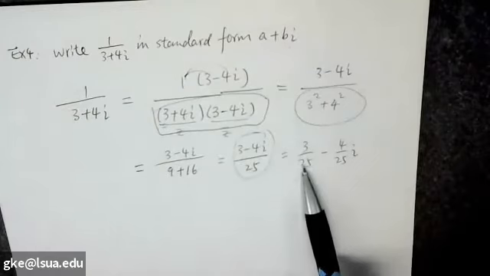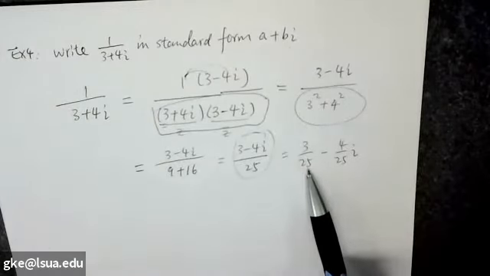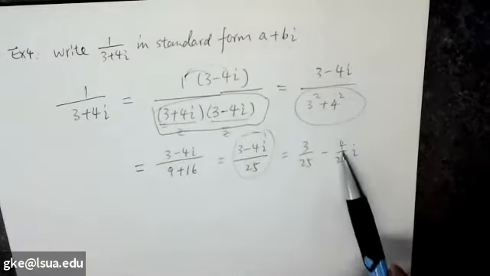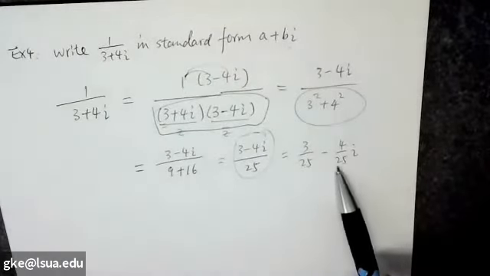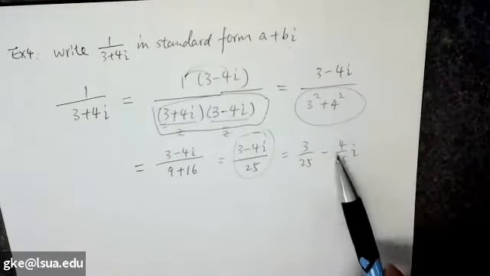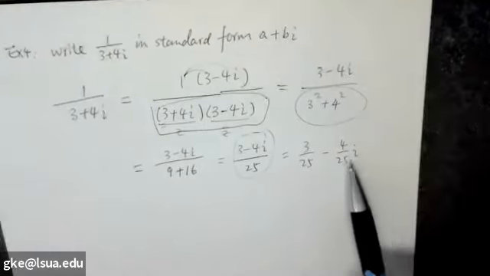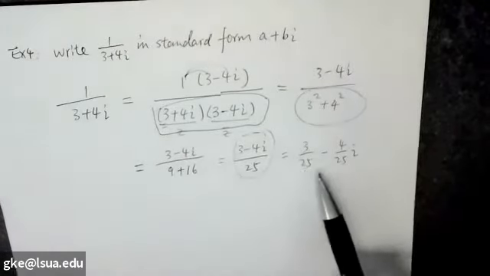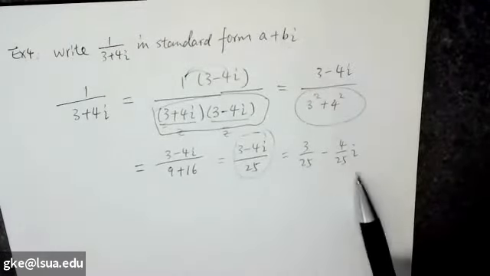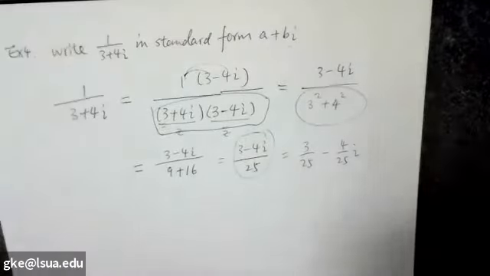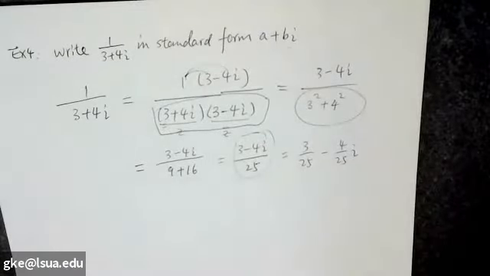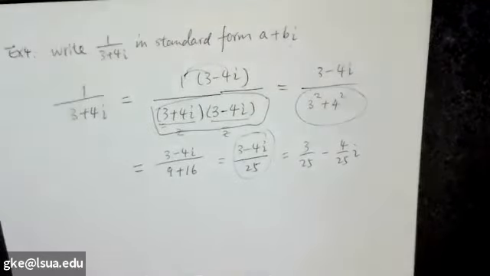A is this guy, 3 over 25, and b is negative 4 over 25. Okay, standard form. There's no i in the denominator. Our mission is completed.